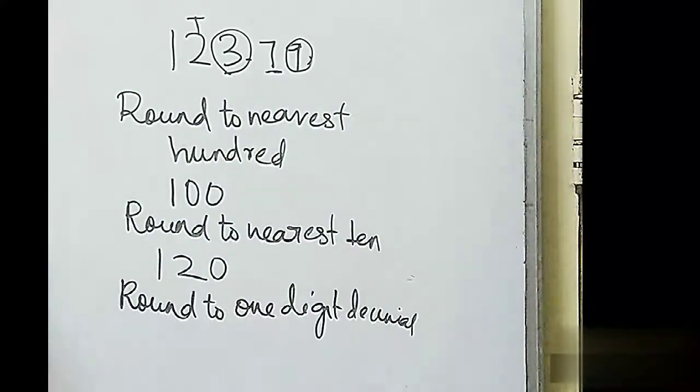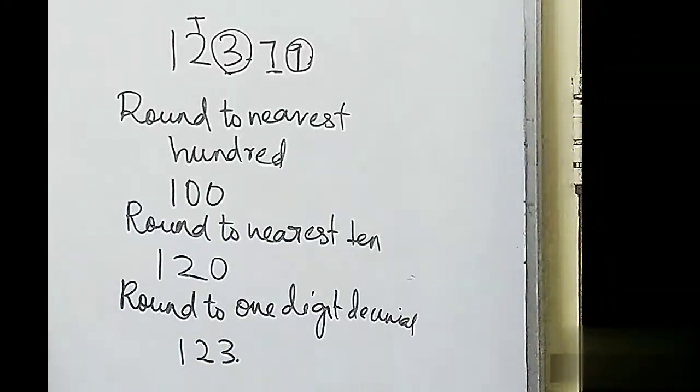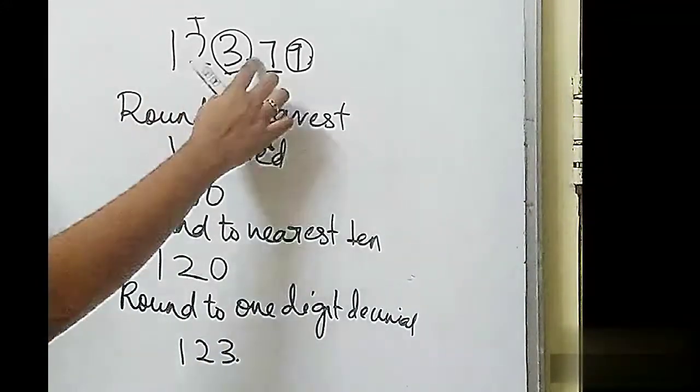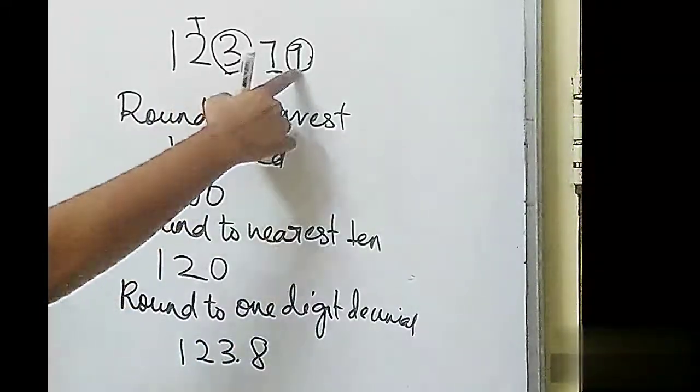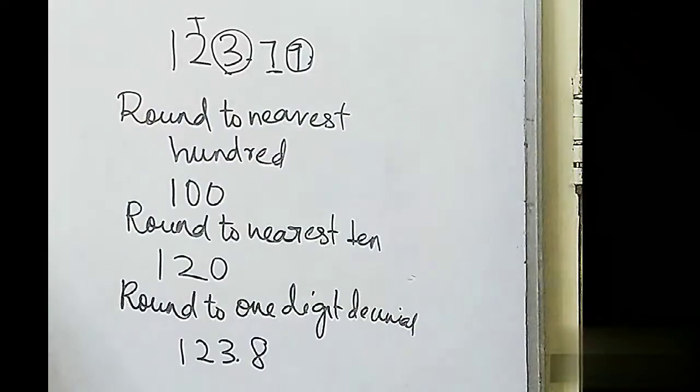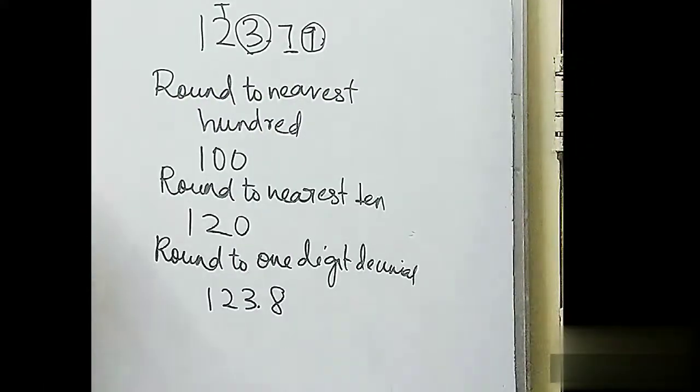Yes, students, it is greater than 5. So I'll simply write 1, 2, 3.8, because I shifted the number because 9 is greater than 5. So we will round up. Round off means you are going to move towards the next number. This is round to 1 digit decimal.